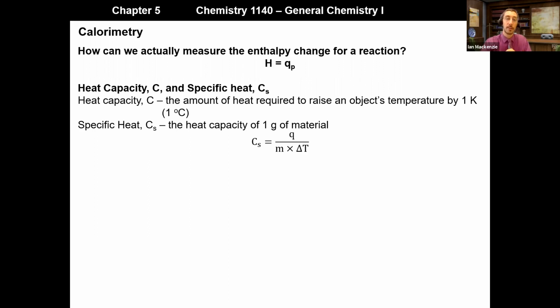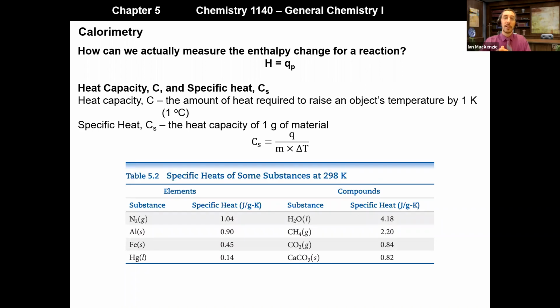into an object. However, since in many cases what we're talking about here is that we don't know the amount of heat, what would be more useful from this equation is that if we knew the specific heat and the mass and the change in temperature, we would be able to then measure the amount of heat put into the reaction or given off.